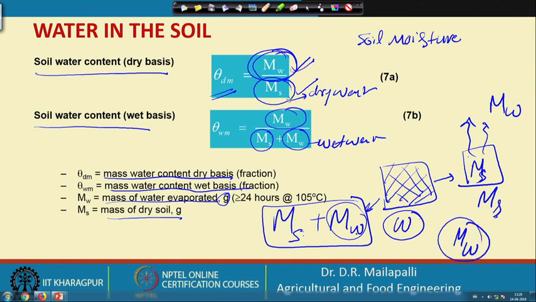That Mw divided by Ms will give the water content on a dry basis. And Mw divided by the total will give the soil water content on a wet basis.